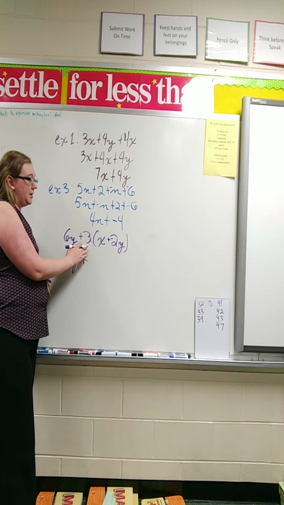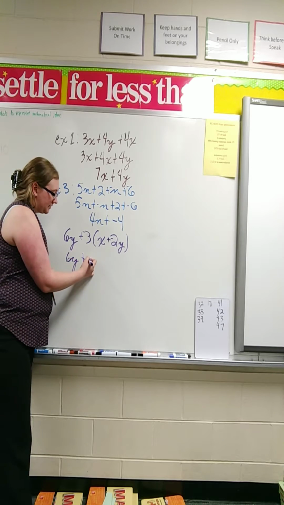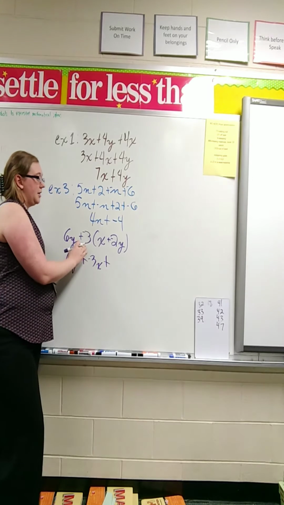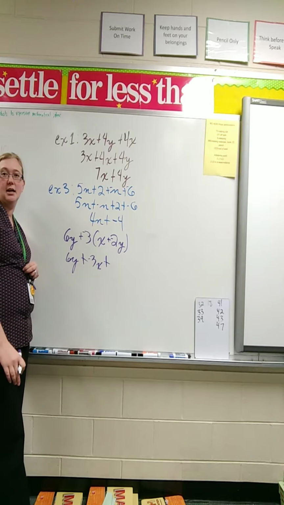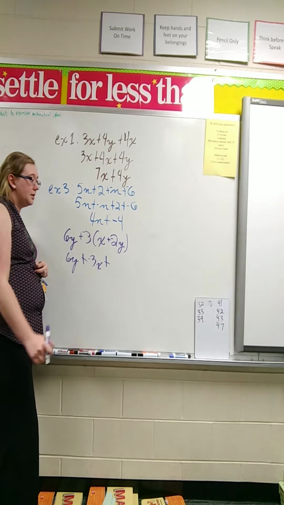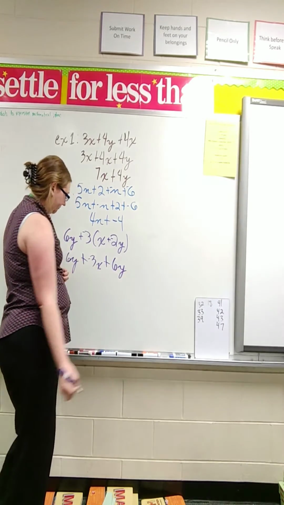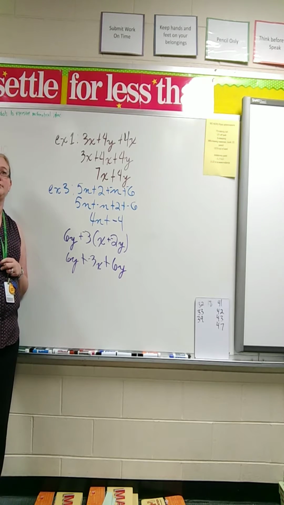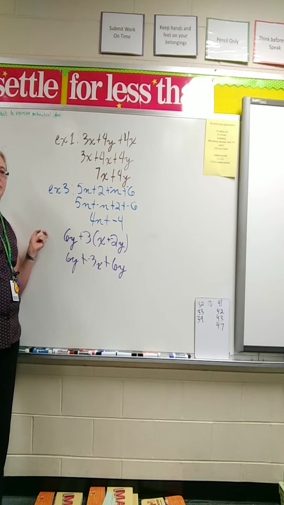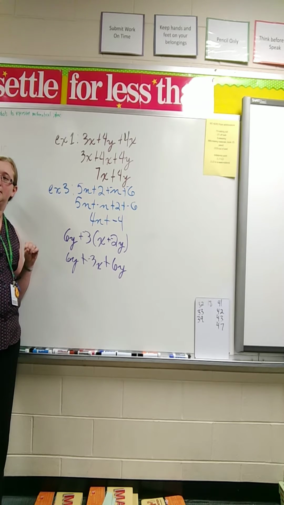Plus, negative 3 times x is negative 3x plus negative 3 times negative 2 is a? Positive 6. And I keep the y. This already looks a whole lot nicer to work with than what we started with, doesn't it? Yeah. Am I done?